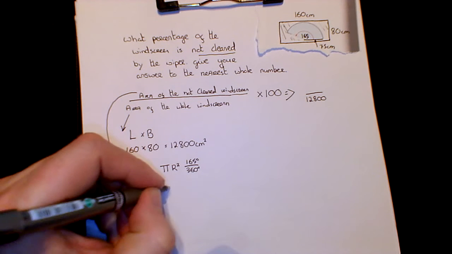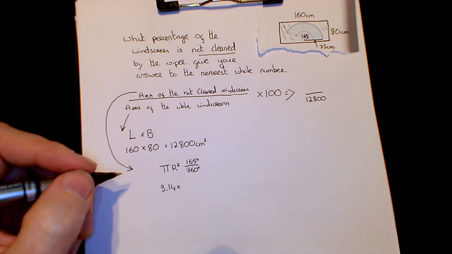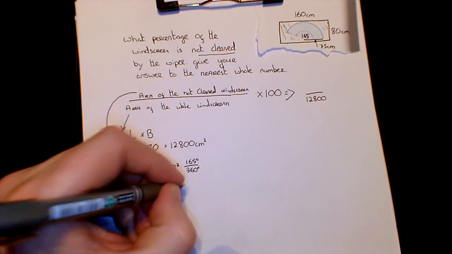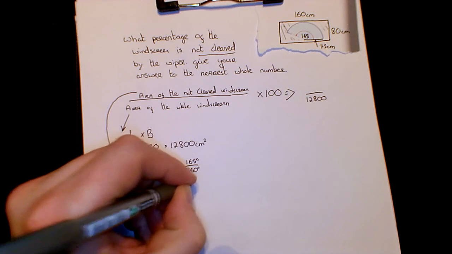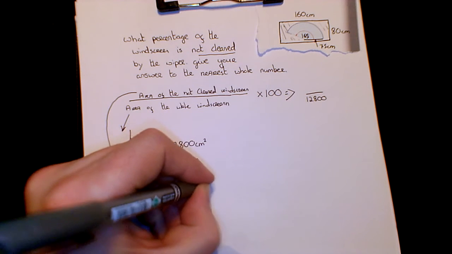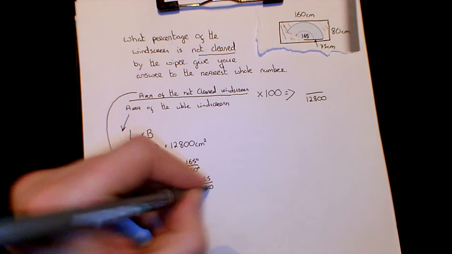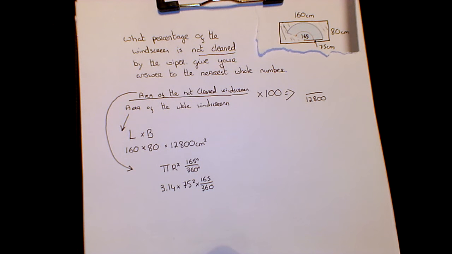Okay, and now we'll just slot in what we know. So pi, which is 3.14, multiplied by the radius squared, which is 75 squared, multiplied by 165 all over 360.